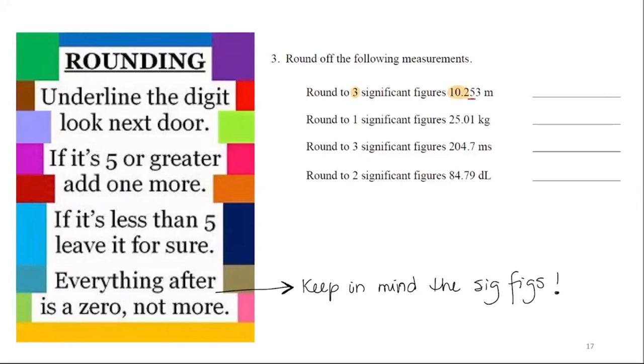Okay, so the rule says that if it's 5 or greater, we add one more. So when we round this value to 3 sig figs, we're going to do 10.3 meters. Okay.